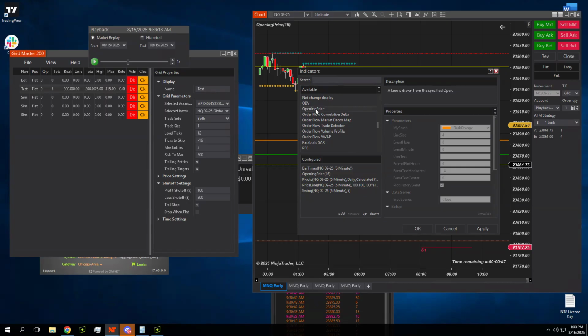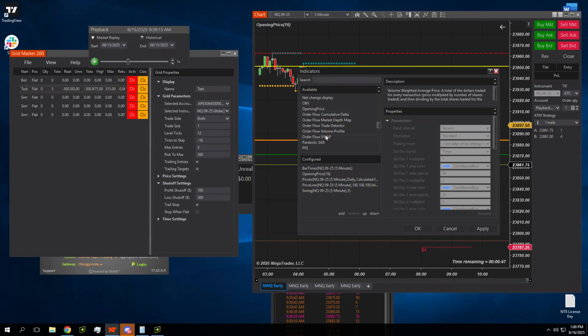If you go to NinjaTrader, they have a lot of free apps as well, a lot of free indicators. You could probably type in opening price indicator and find it for free. Copy that. Just one quick thing, because I use order flow VWAP, and a lot of people have to pay for that one, but because I have a different type of license set up, I get order flow VWAP for free.